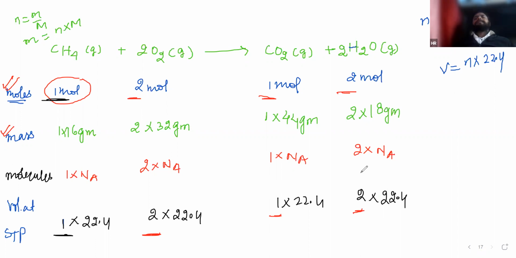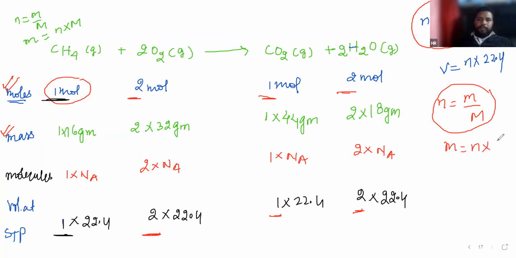Just write it. Arsalan, is 22.4 constant for every equation? Yes. For number of moles, we have three formulas. n is equal to given mass upon molar mass, so mass is number of moles into molar mass.